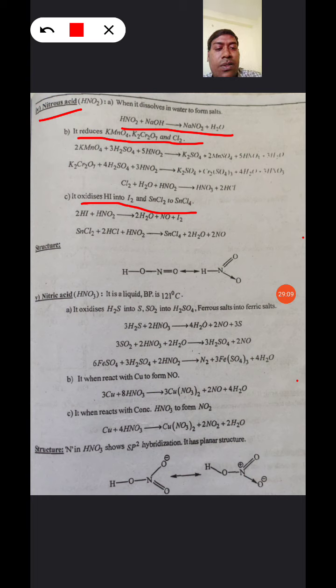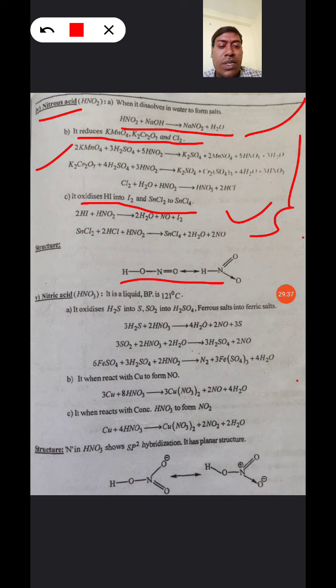So these are the reactions. When it dissolves in water, it forms salts. It reduces KMnO4, K2Cr2O7 and chlorine, and it oxidizes hydrogen iodide to iodine and tin dichloride to tin tetrachloride. So the next, this is the structure of HNO2.